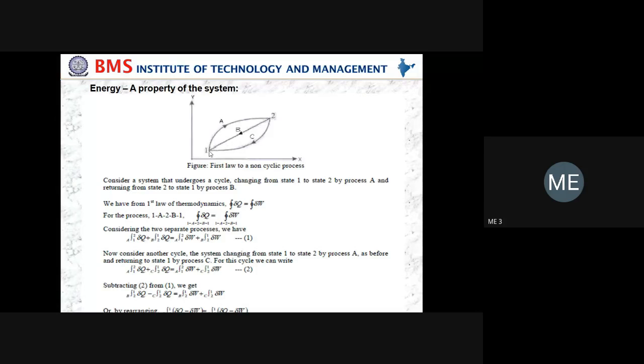Now consider the cycle 1A to C1. How are we going to write the first law of thermodynamics for this cycle?